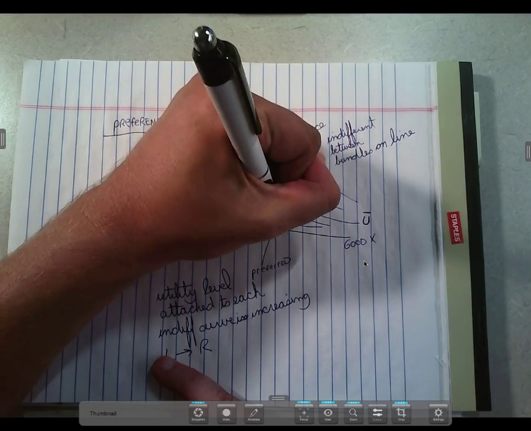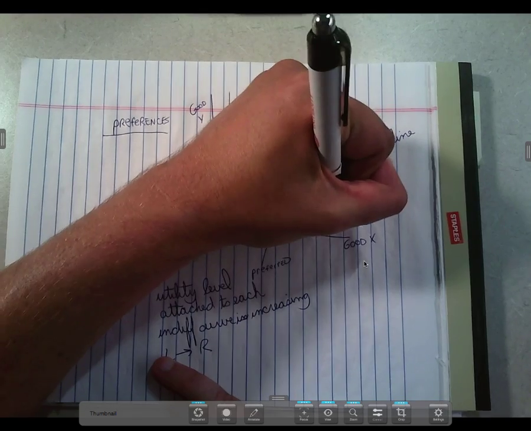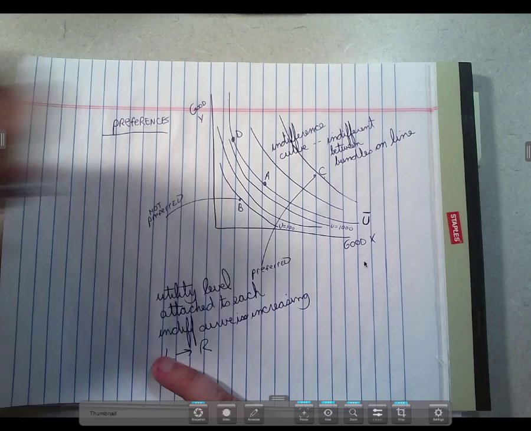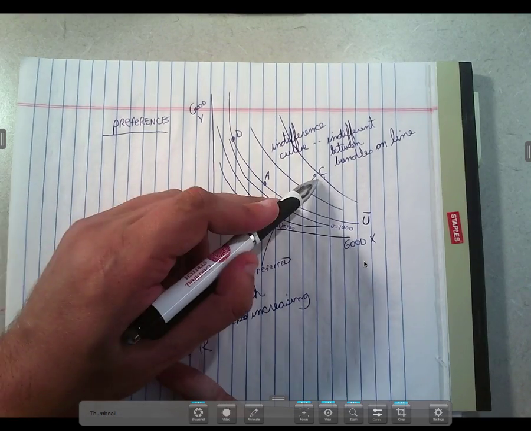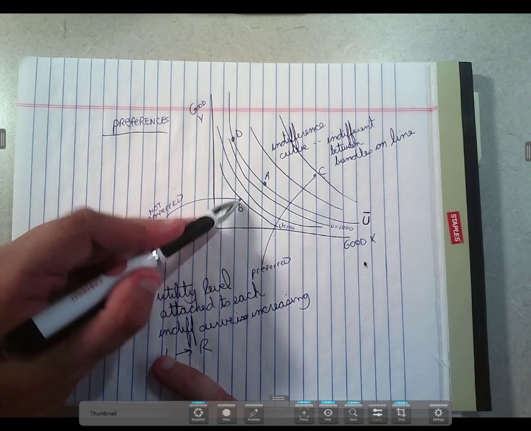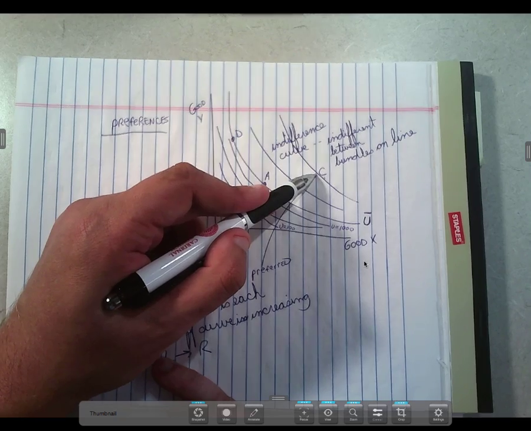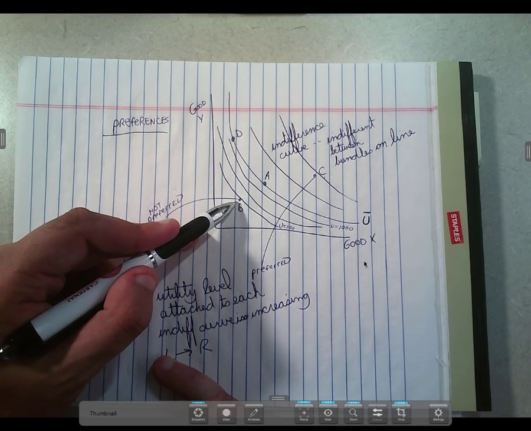So the utility level attached to this might be 100, but the utility level attached to this might be 1000. C is preferred to B because C has a higher level of utility attached to it than B.